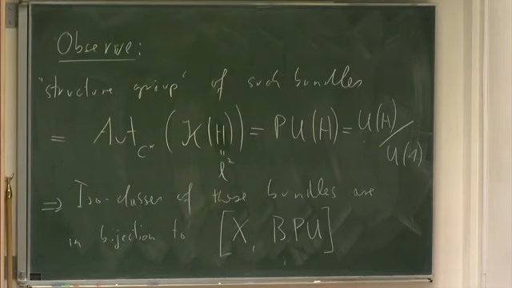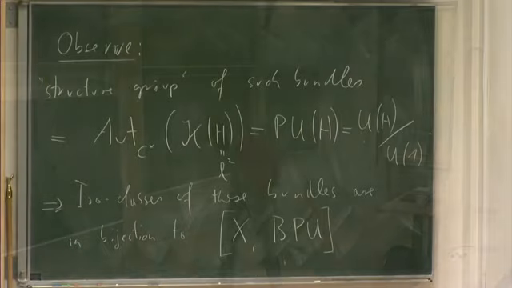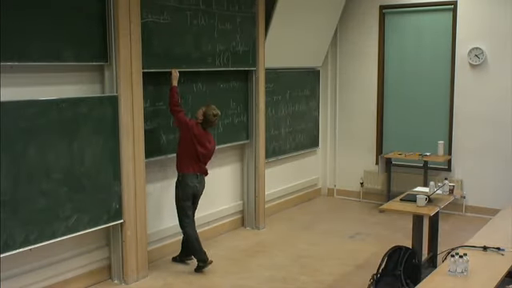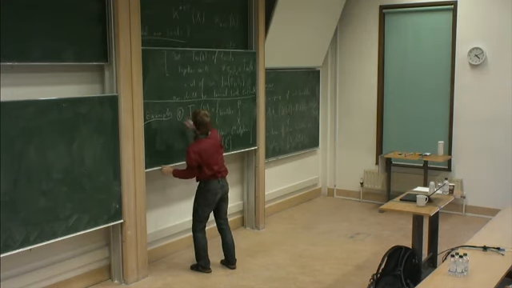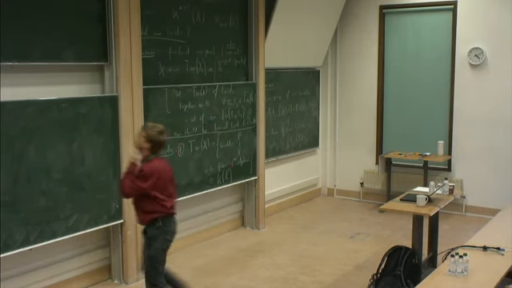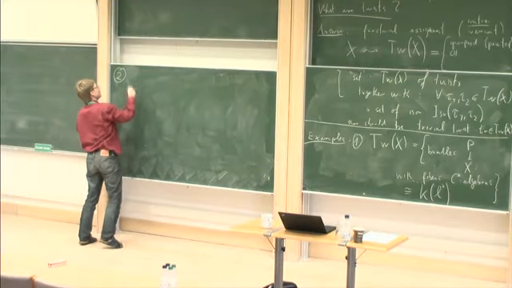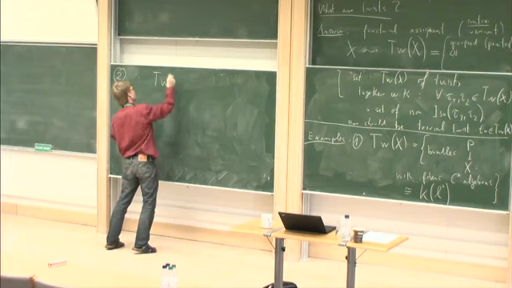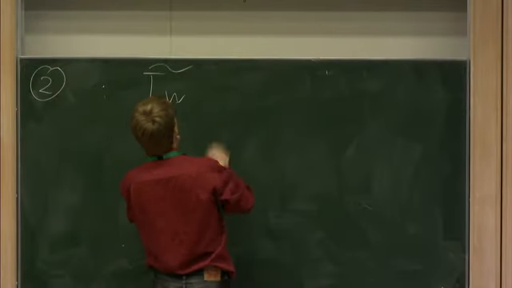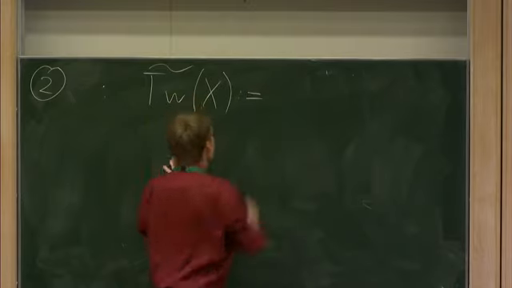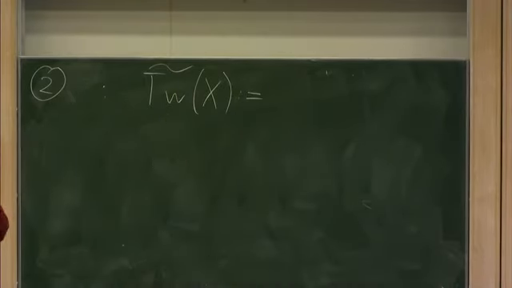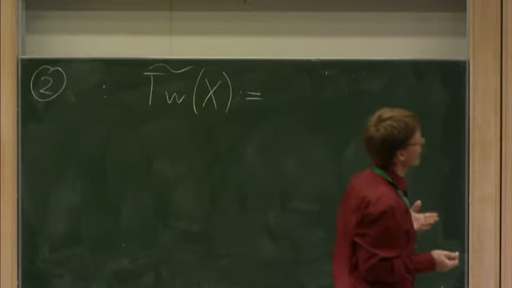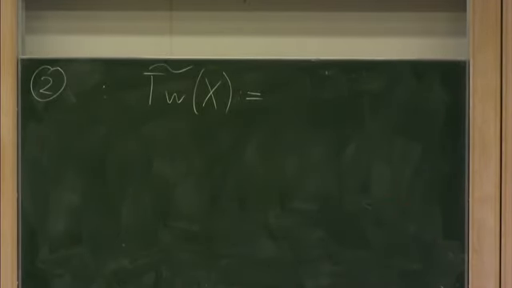And inspired by this, let me give you a second example for what twists could be. Example 2 would be, so maybe just in other words, tilde here of X. Well, you should observe that I did not say the twists are isomorphism classes of bundles.